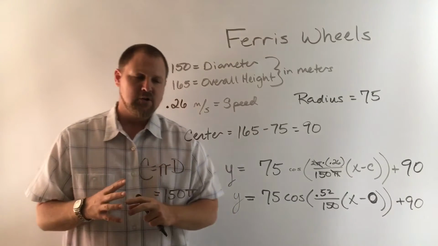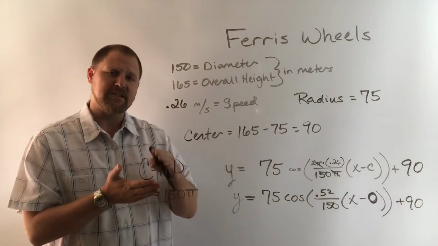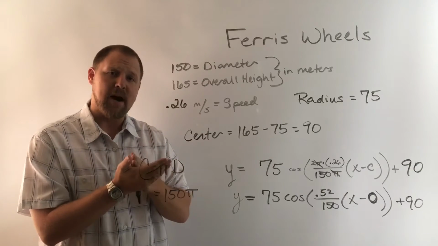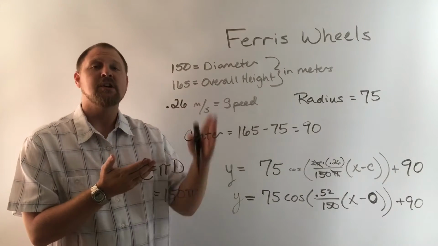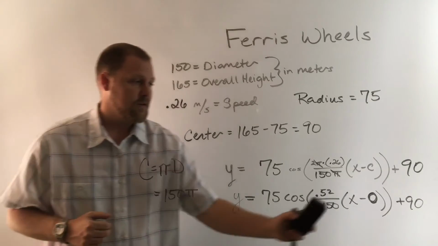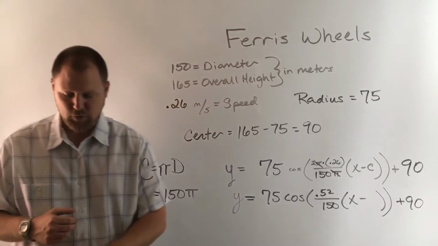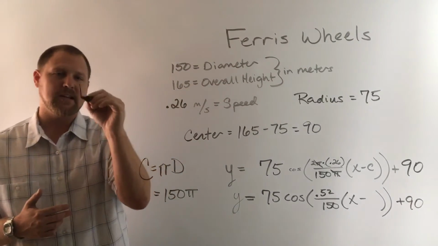However, if you want to calculate how long it takes to go from the bottom, which is when you get on the Ferris wheel, to the top, then you would have to first calculate one full rotation. That means you have to calculate the period length.